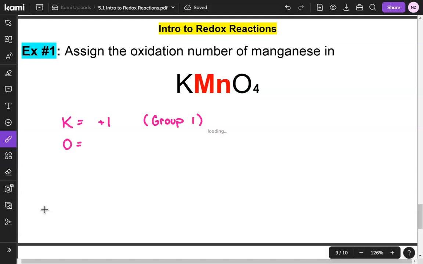This is not a peroxide, so it is going to be -2, because we have an oxygen rule. And we know that it is going to sum up to 0 because it is neutral.